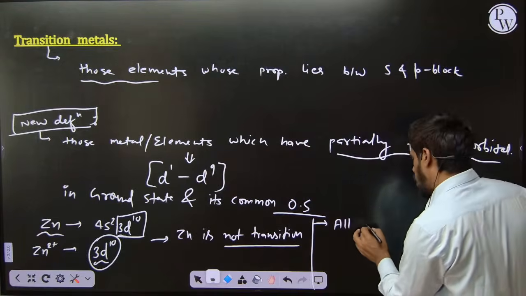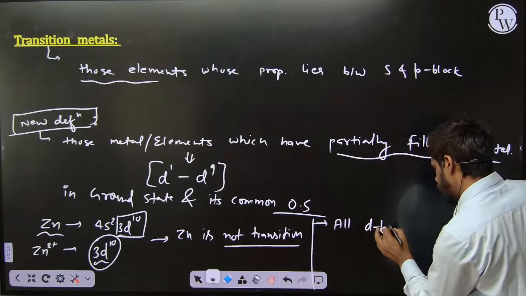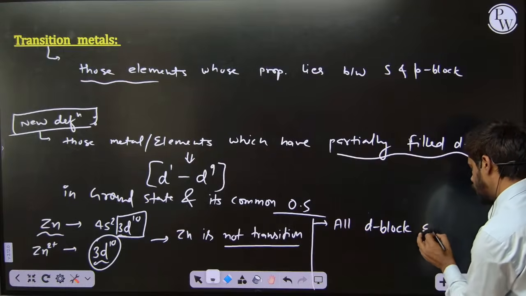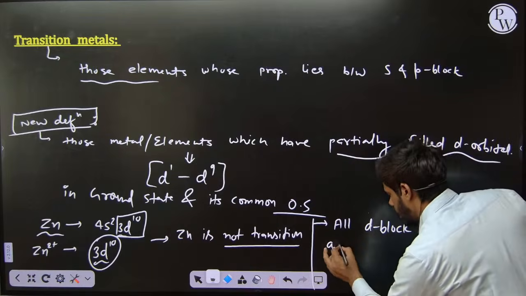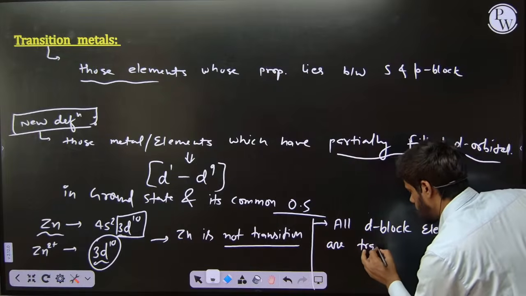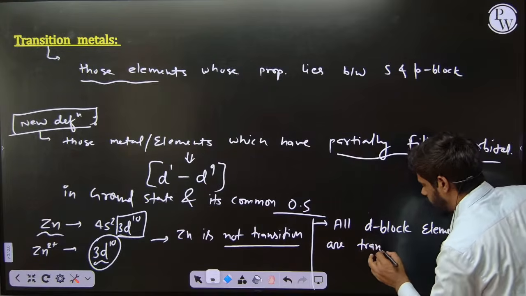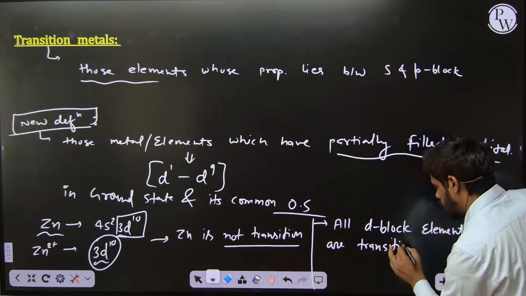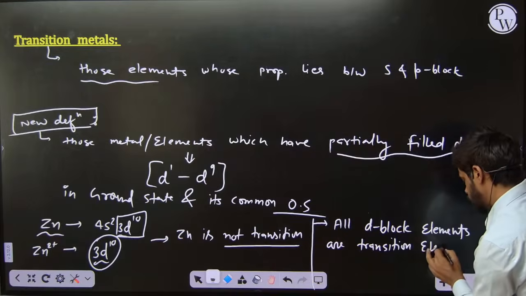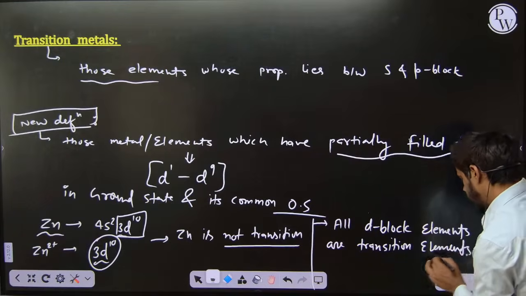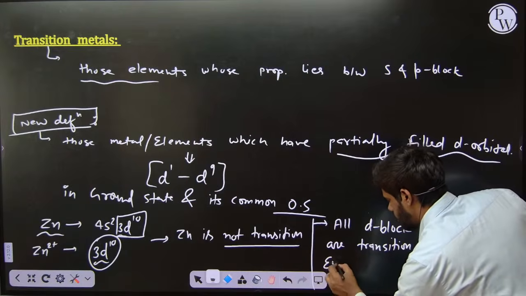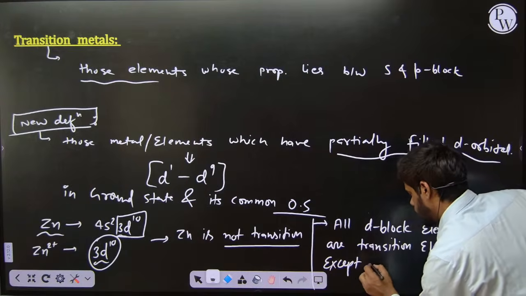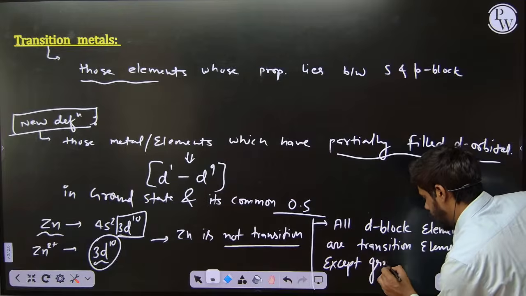We can say all the d block elements are transition metals, either transition element or transition elements, except group 12 elements.